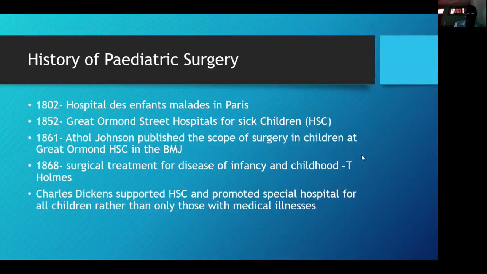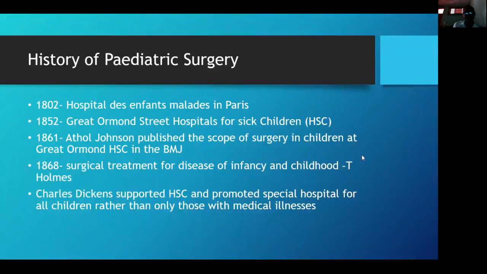At the beginning, there was a tendency for it to be only children with medical needs that were taken care of at this hospital. However, Charles Dickens, the famous author, is one of those known to have supported the care of any children, all children, rather than only those with medical illnesses being taken care of in such a hospital.